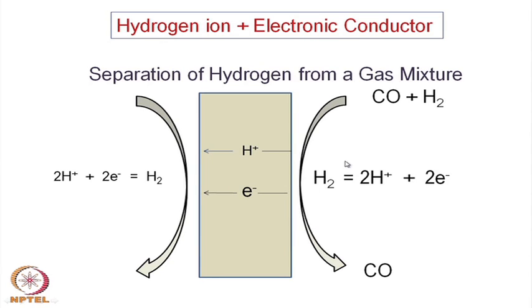Okay. So, this hydrogen actually will be available on the other side and carbon monoxide will go through. Okay. So, we have taken carbon monoxide here, but it can be a mixture of carbon dioxide and hydrogen as well. Okay. So, to maintain the similarity, we have kept this carbon monoxide and hydrogen, the syngas, but it can have carbon dioxide and hydrogen.